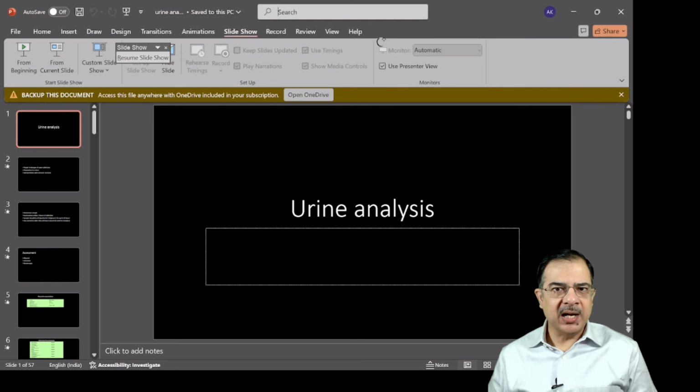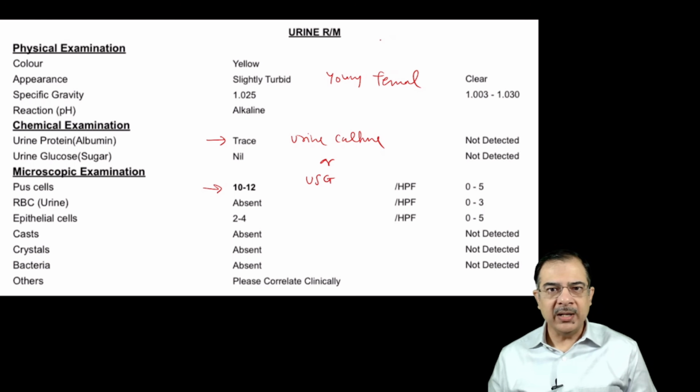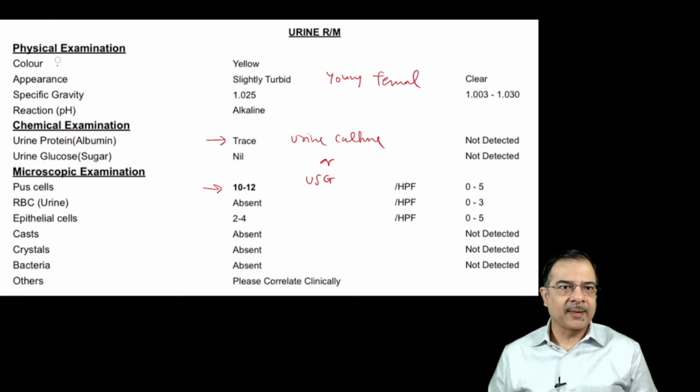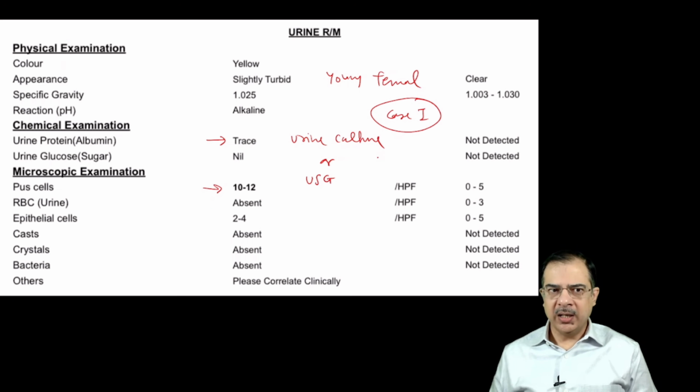This is clinical case scenario number 1. Case 1. A young female comes to you with frequency, the urine proteins are trace and pus cells are positive. Will you go for urine culture, or will you go for an ultrasound?